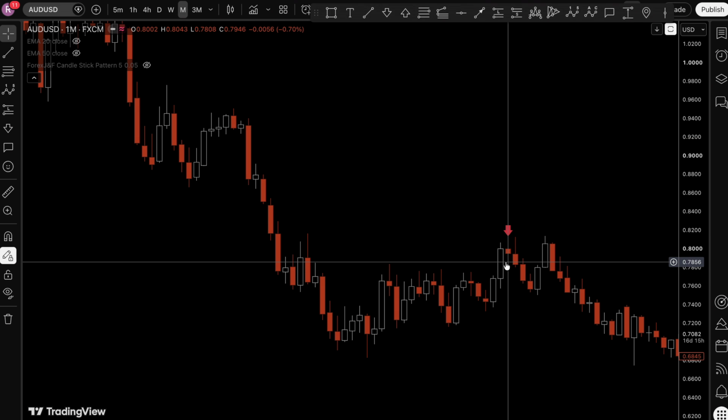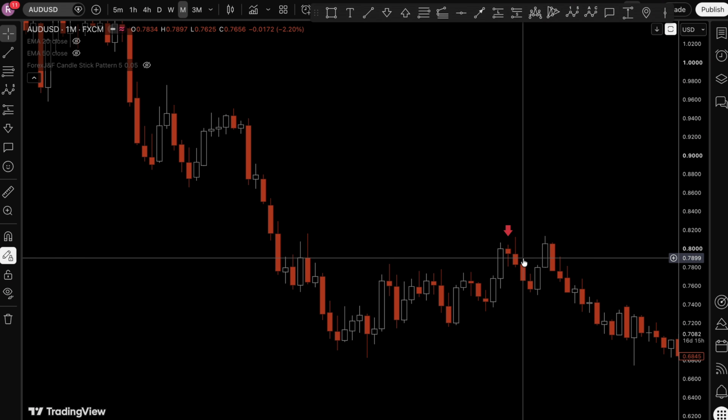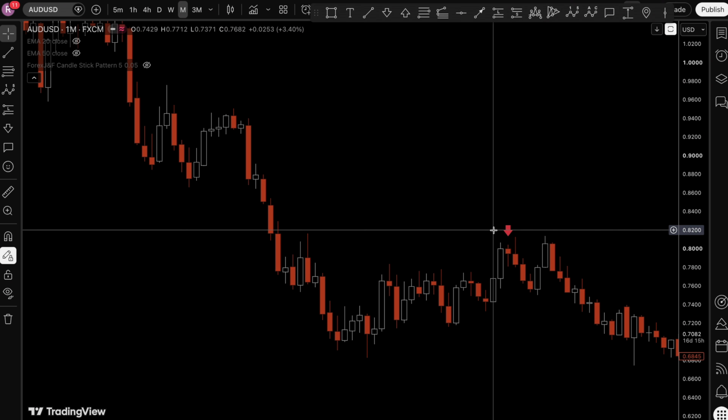If we look at Australian dollar, US dollar, you can see there that's a hammer reversal candle. Now, the thing with hammer candles is normally they're not very strong by themselves. So you normally want to look for another one or two candles at least to confirm that something's happening.